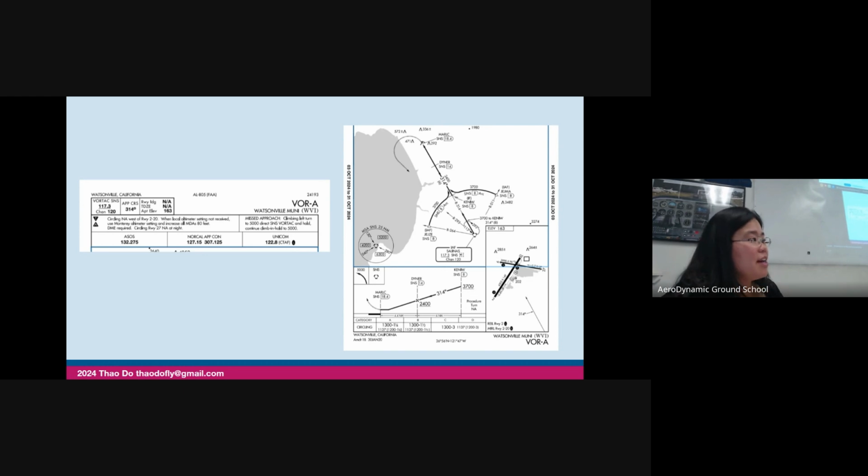The first thing you're going to ask yourself is, why in the world is it curved? Like this whole DME arc. Does anyone know why a DME arc even exists? Why would they make curved lines?